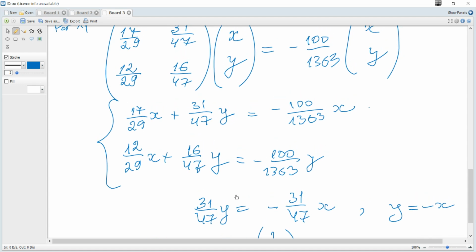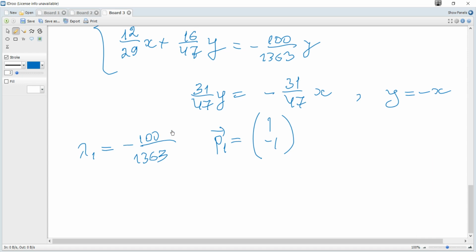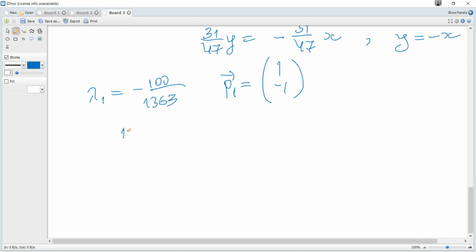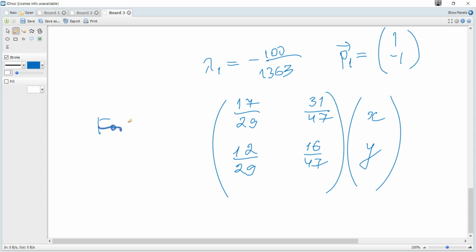And do the same for lambda is 1. So 17 over 29, 31 over 47, 12 over 29, 16 over 47 is multiplied by xy. It's for lambda is 1.